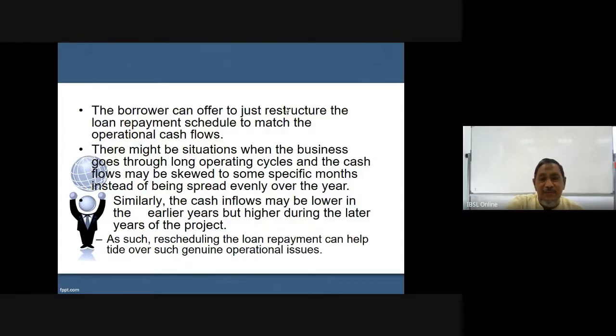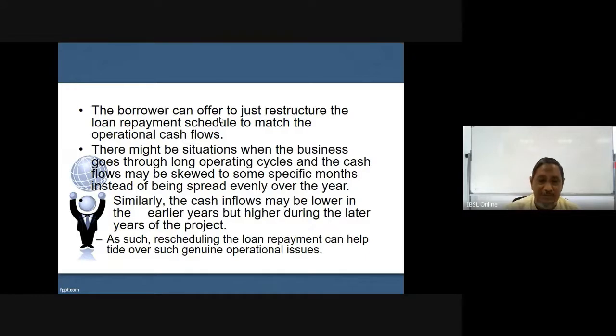Similarly, cash inflows may be lower in the early years but higher during the later years of the project. When the project is worked out for project financing, cash flow projection is very, very important. This is not even throughout the year. No business has cash inflows or sales that are equal throughout the year.